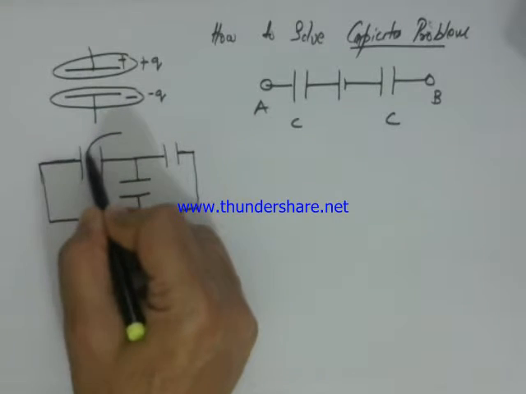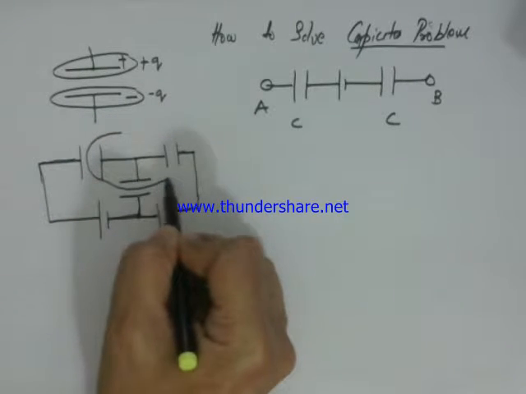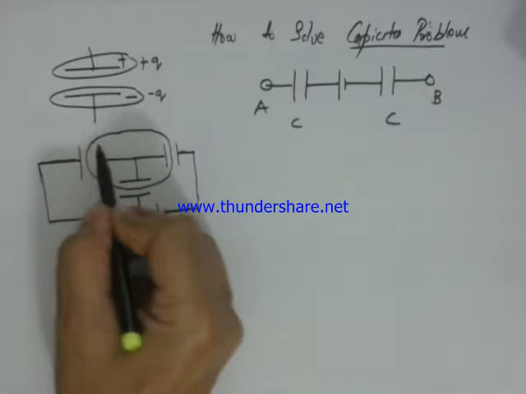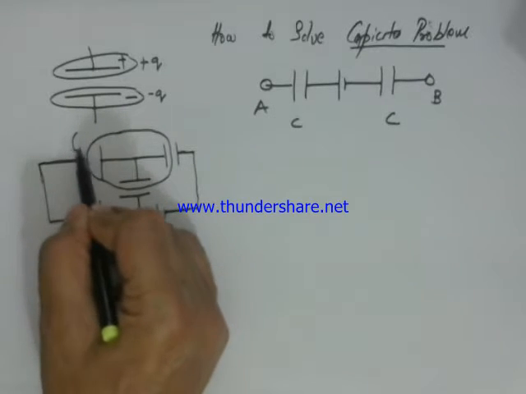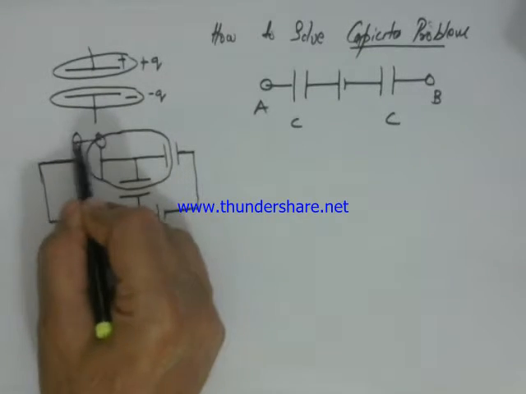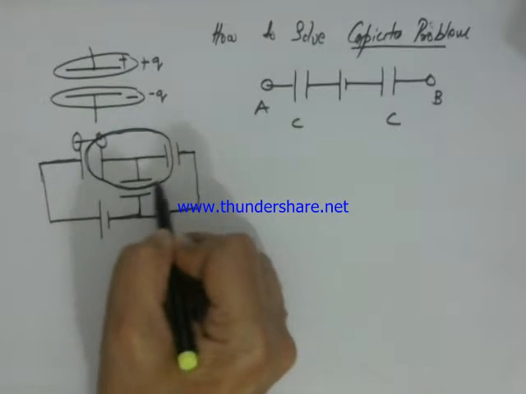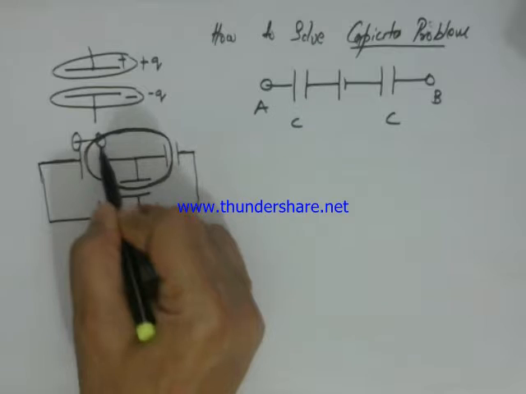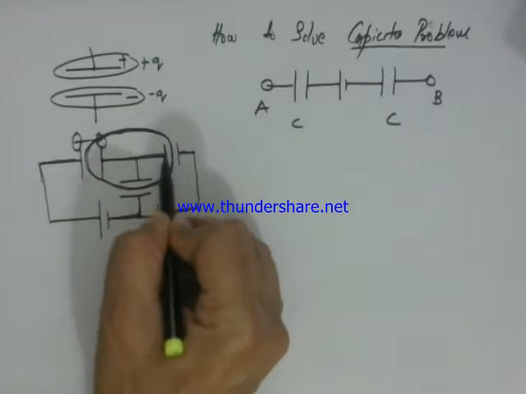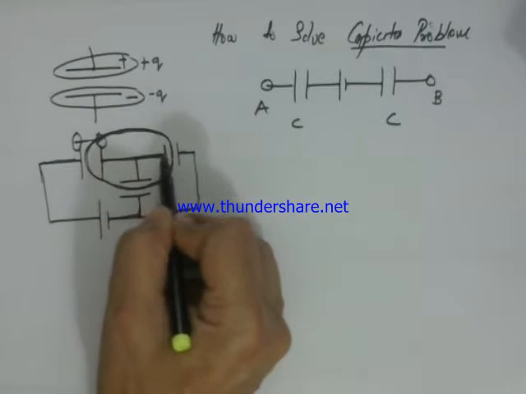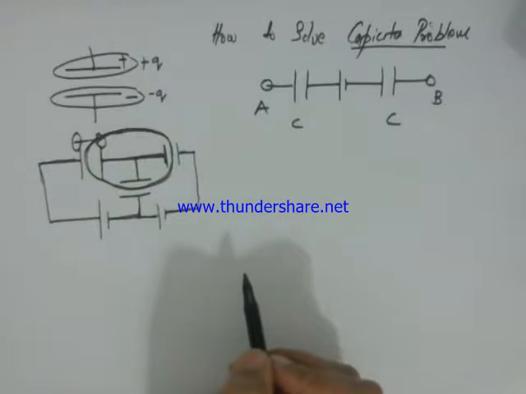The other plates which are not connected to a battery will have charge which is opposite in relation to the other plate. And one important thing of these isolated plates, isolated means they are not directly connected to any circuit giving the charge through a battery.